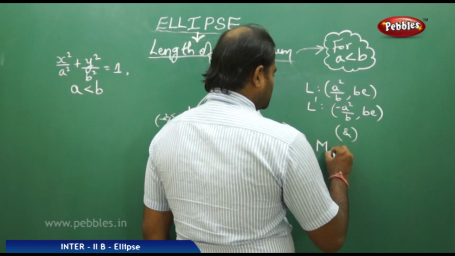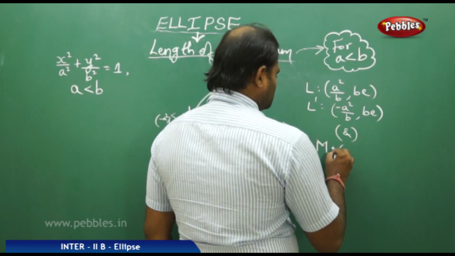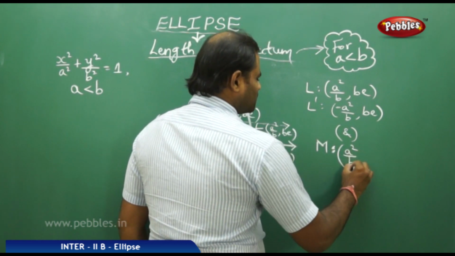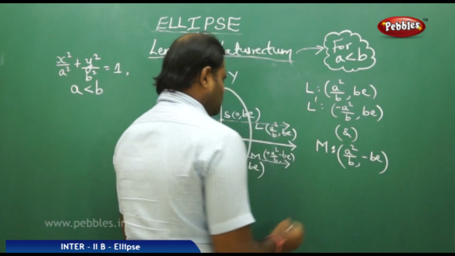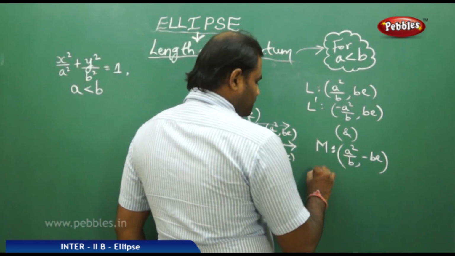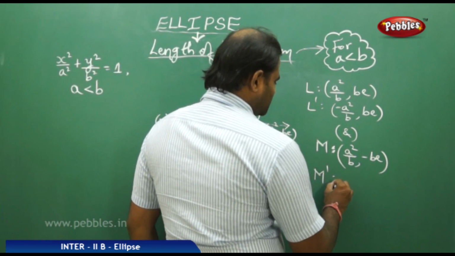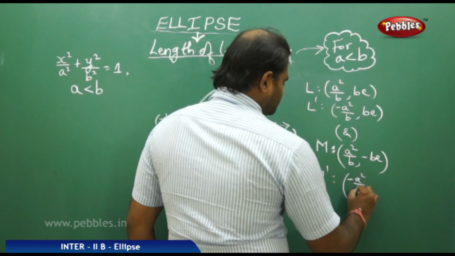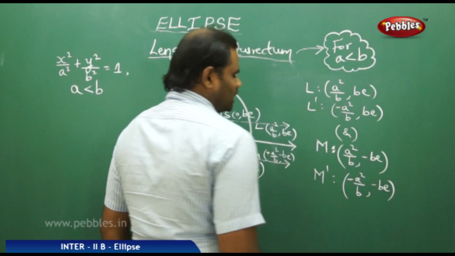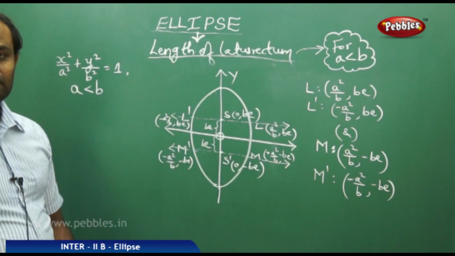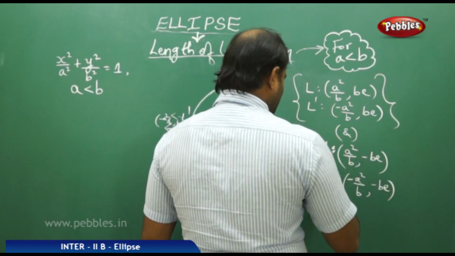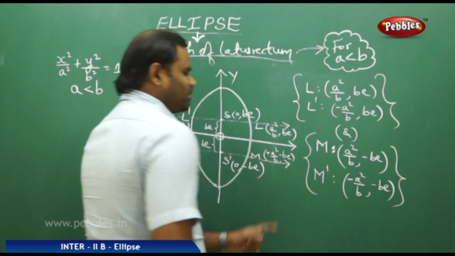The other extremities are M, which is (a square by b, minus BE), because it comes on the negative side of the y-axis below the origin, and M dash is (minus a square by b, minus BE). This is how we identify the two sets of extremities LL dash and MM dash.